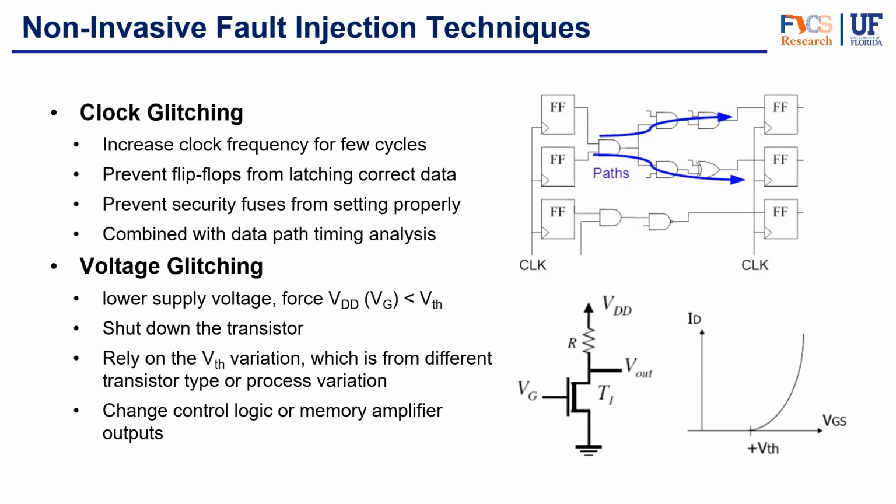Clock glitching can happen based on violating the setup and hold time of flip-flops in the design. It will end up with the design latching an incorrect value, or bypassing some of the instructions.